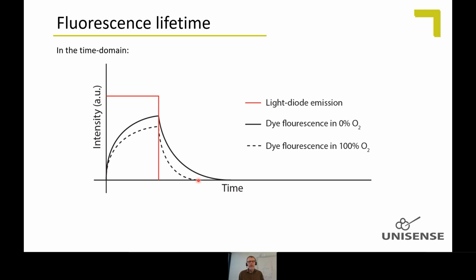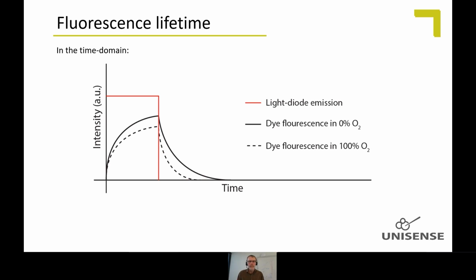And this lifetime of the dye or the fluorescence is actually what is utilized for measuring oxygen concentration, because this is not dependent on the amount of dye present on the fiber. The absolute intensity will depend on the amount of dye, but the relative decrease here will not depend on the amount.